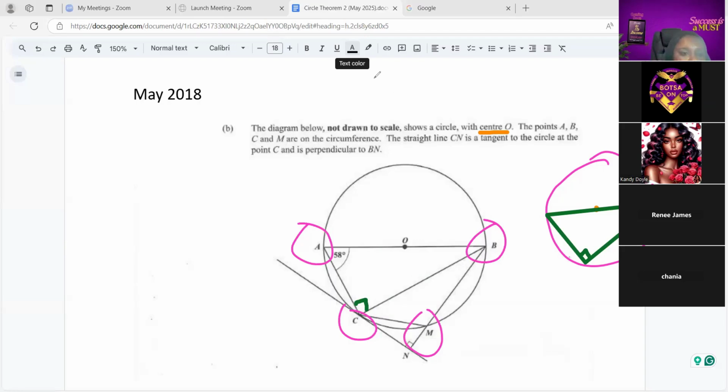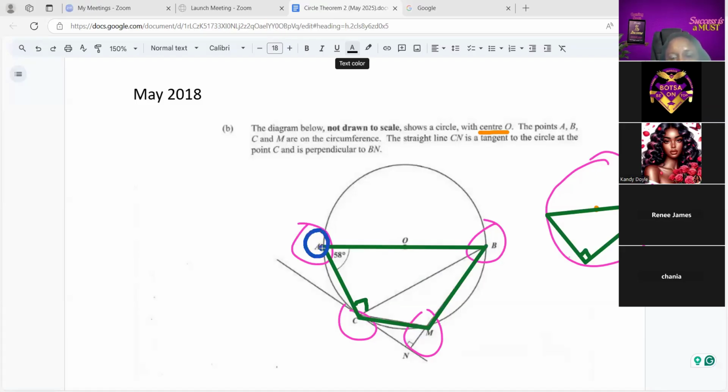They're not telling you it's cyclic, they want you to figure out the cyclic. If we draw a line connecting A to B, A to C, C to M, and close off the shape, you see a four-sided figure. As I said earlier, you have to make sure that all four corners, or vertices, are touching the circumference.